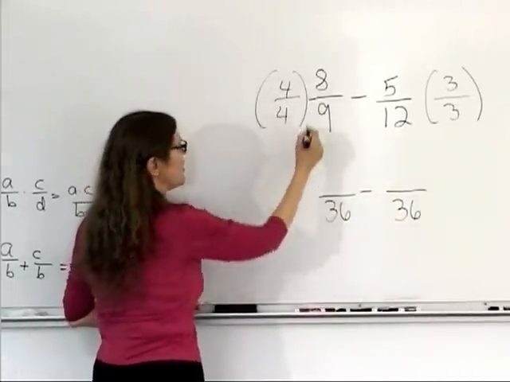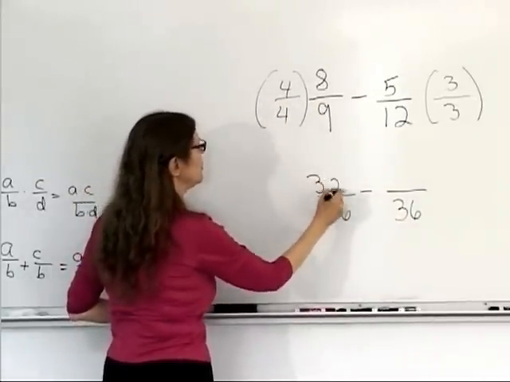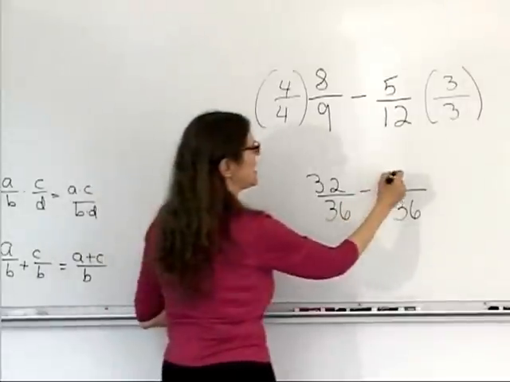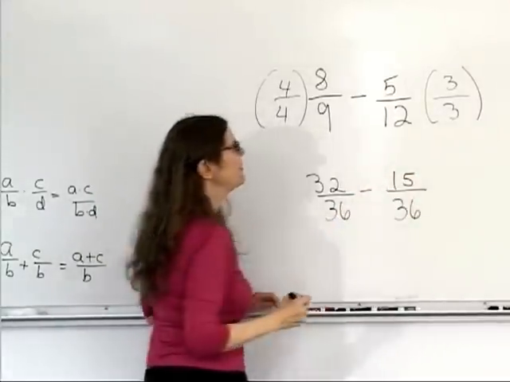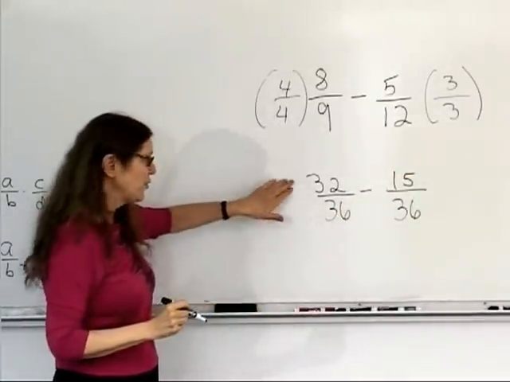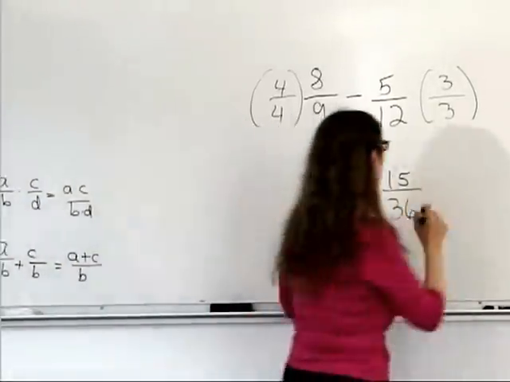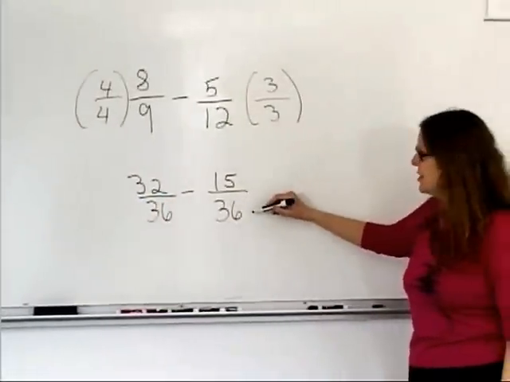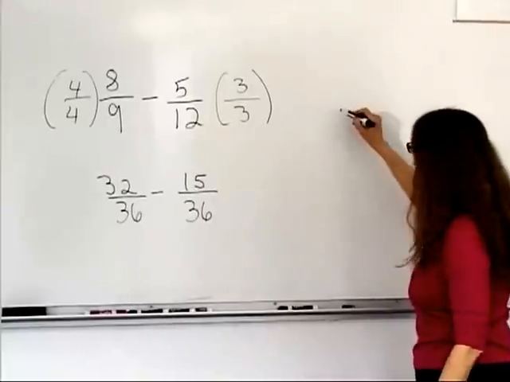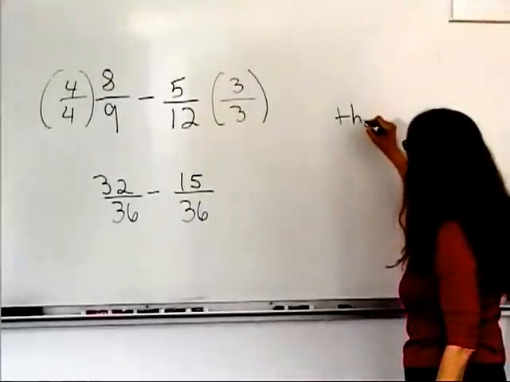Okay? This is going to be 32/36, and I'm subtracting from it 15/36. That's a tongue twister. Here's what I'm saying.